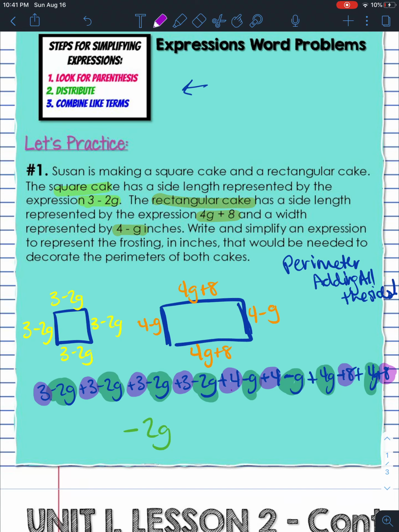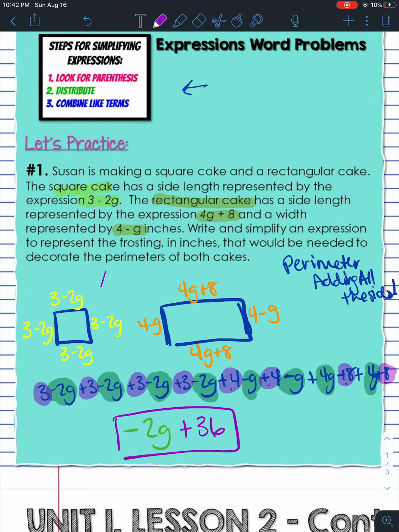Then 12 plus 4 is 16, plus 4 more is 20, plus 8 is 28, plus 8 more is 36. So my perimeter for both cakes can be represented by negative 2g plus 36.